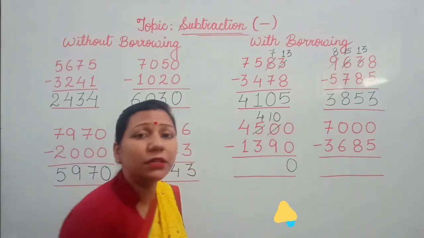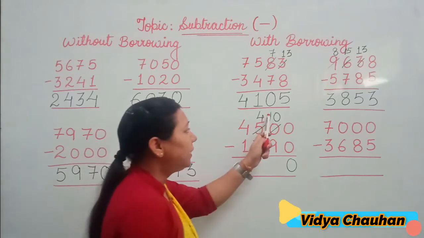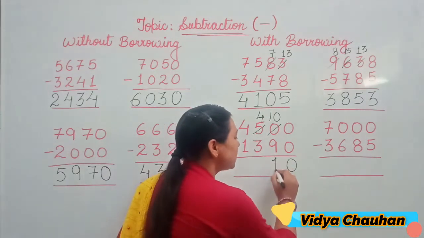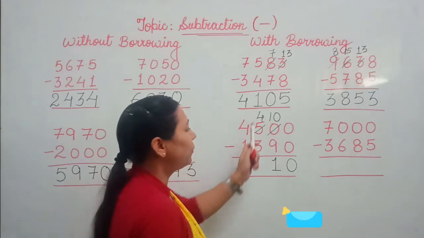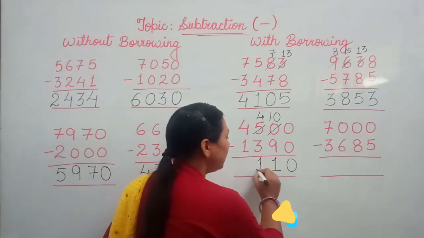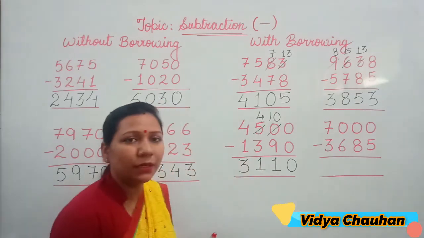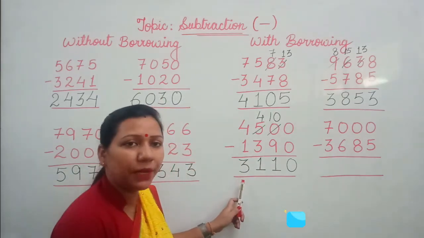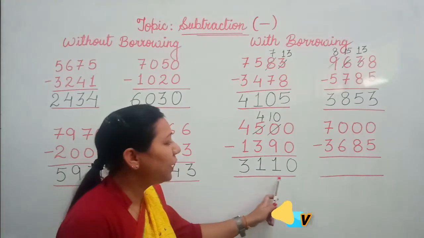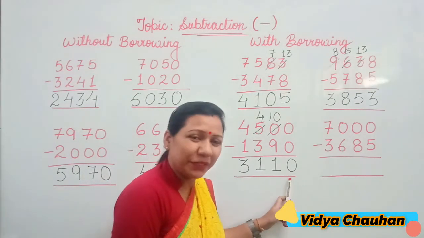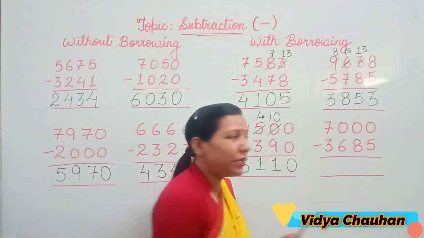Taking a borrow here, 0 will become 10. 10 minus 9 is 1. 4 minus 3 is 1. And 4 minus 1, the answer is 3. So your final answer after subtracting is 3110. Clear?